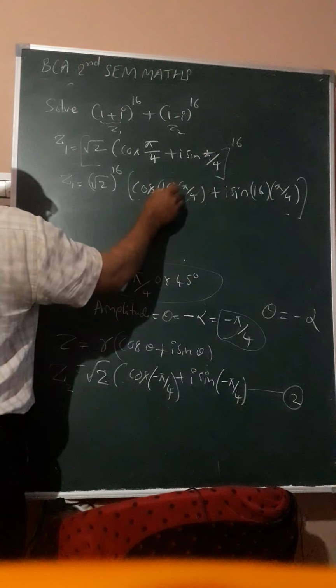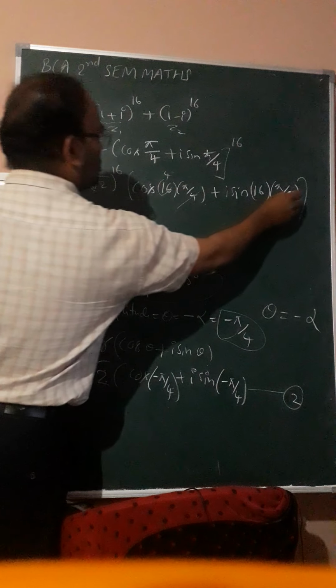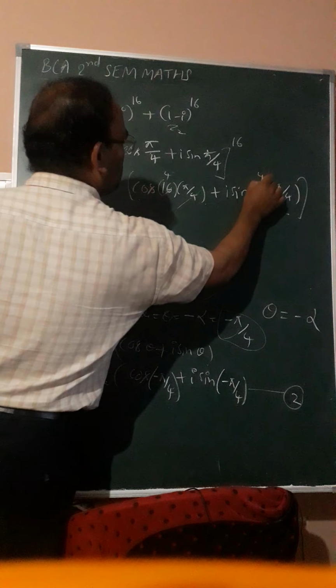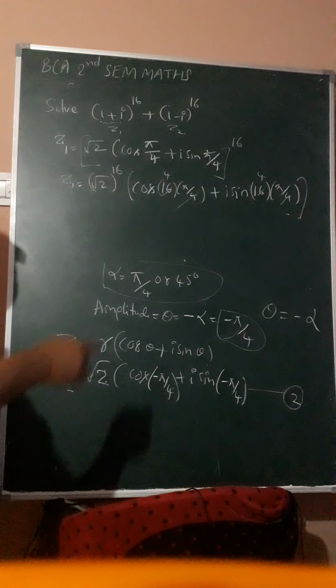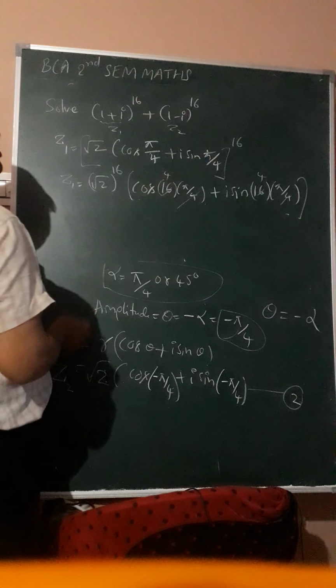The 4 gets cancelled: 4 ones are 4, 4 fours are 16.